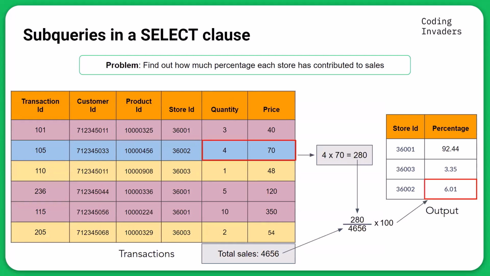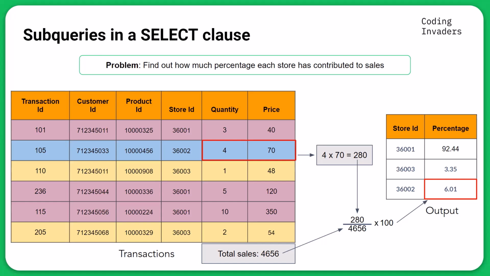So if we consider 36002, how are we calculating its sales? First, we are finding out the total sale for just that store ID. So in our case, the total sale of 36002 store ID is 4 into 70. That is equal to 280. Now we will divide this with the total sales in our entire table.